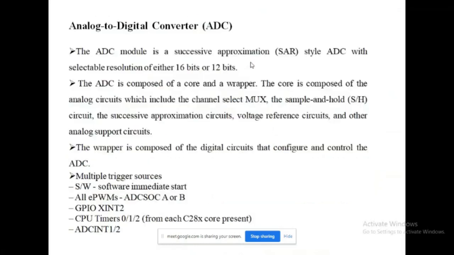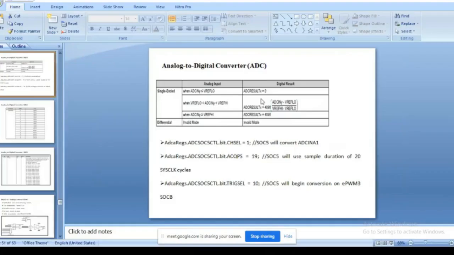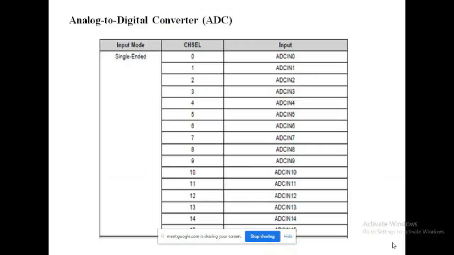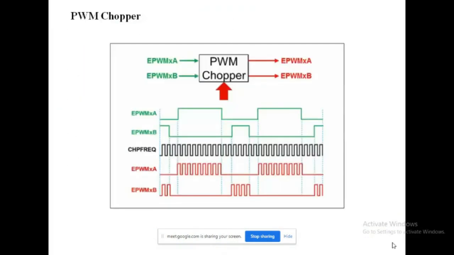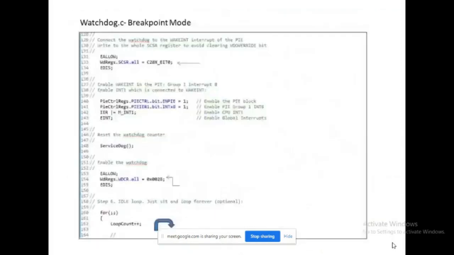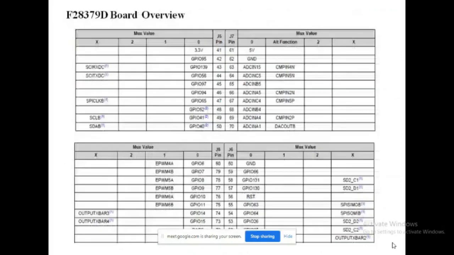We saw yesterday that for any single-ended ADC input, channel selection defines which pin to select: ADC input 0, 1, 2, 3, 4. If you select any one of these ADC inputs, you can go to your basic diagram, where you have this pin configuration.